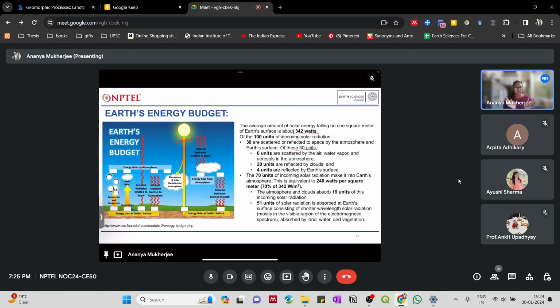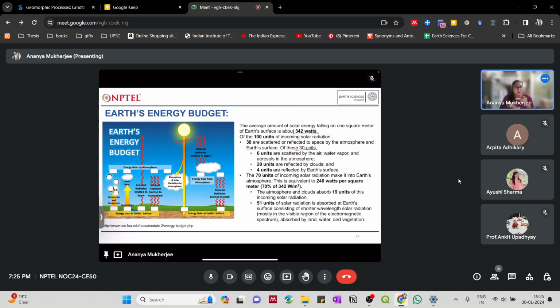Of these 70 units, the clouds and atmosphere absorb 19 units. Then we are left with only 51 units of solar radiation, which are going to be absorbed by the Earth's surface.